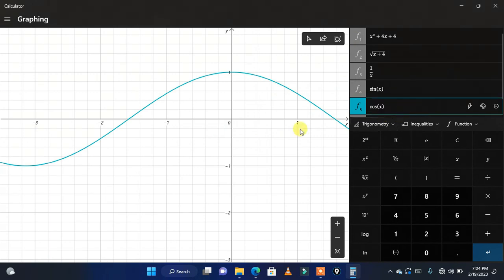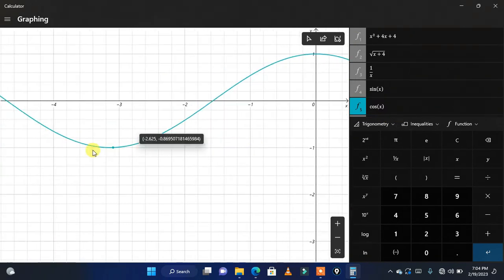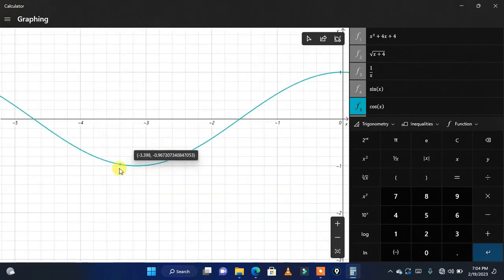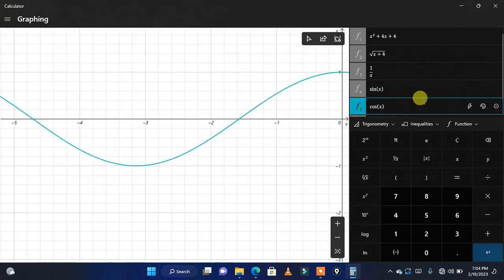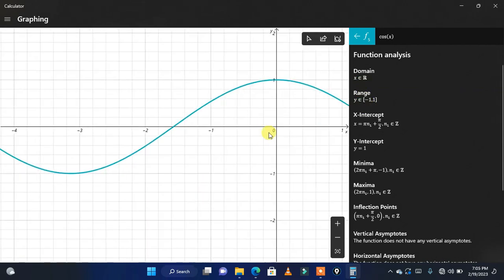So the cos curve also gives us a picture similar to that of the sine curve, where we can talk about the domain being the set of all real numbers, and then the range being from negative 1 to 1, as in the case of the sine.